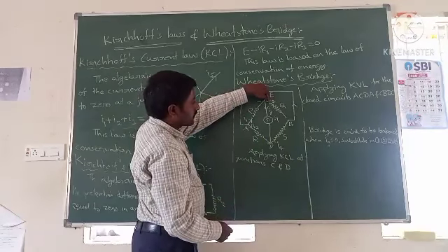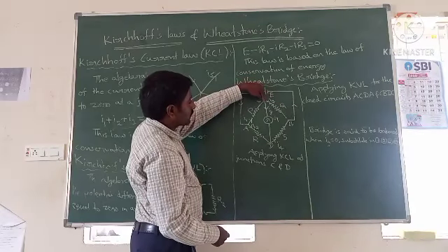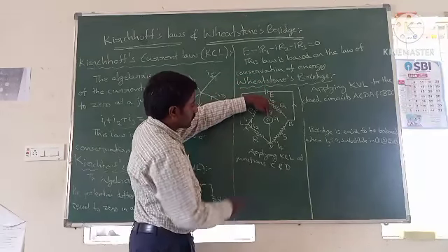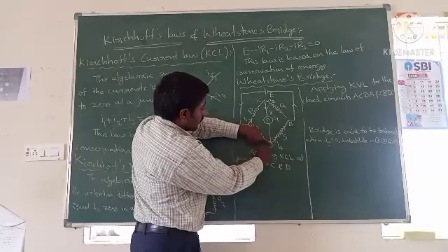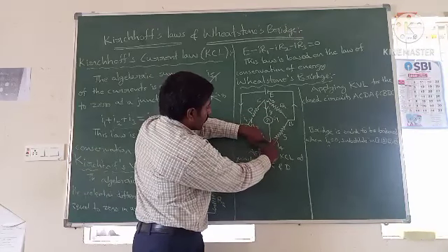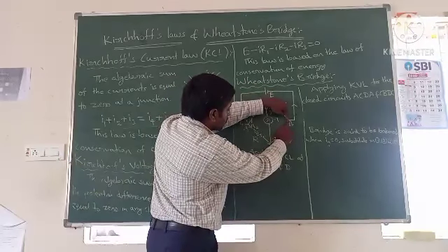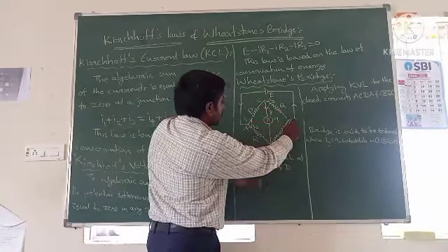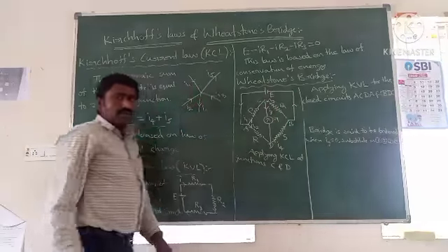One is the I3 current which is passing through the Q resistor, and another amount of current Ig is passing through the galvanometer. So these two currents will add up here, reach the junction D, and from this one it will become I4, and this I4 current and I3 current both will add up at the junction B, and that combined current will pass into the negative terminal of the battery.